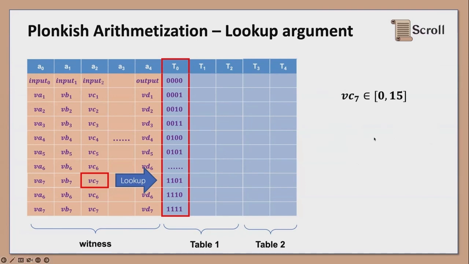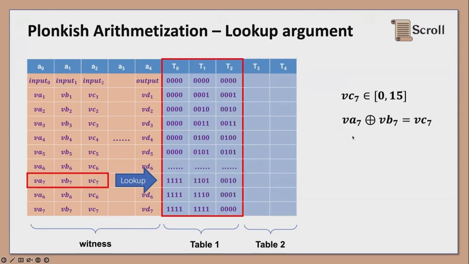Then you linearly combine those values in binary format to get VC7, proving it is within this range. But with this lookup argument, you just need 1 constraint, which proves that VC7 belongs to this table column, and this table column iterates from 0 to 15. If it belongs to this table, then it's definitely within this range.